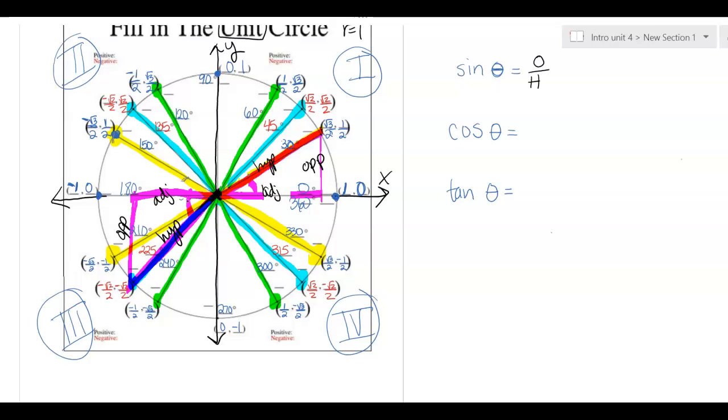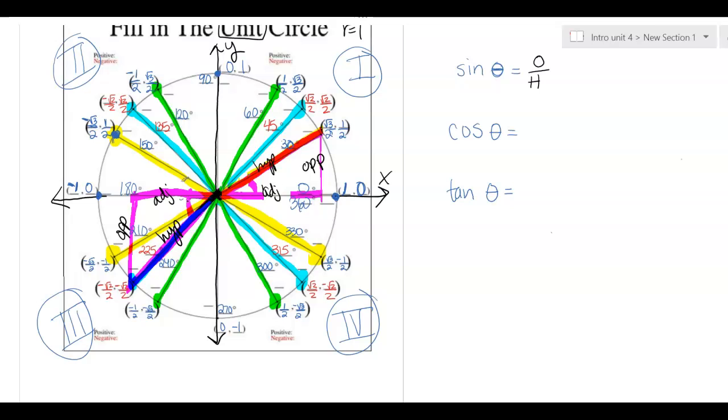Notice that every time the side that I call the opposite is this distance. Even in a triangle down here, the side that I call the opposite is this distance. And you actually figured out this distance already, right? This distance right here on a graph is negative rad 2 over 2. That was the y-coordinate at that point. This distance right here on the graph is 1/2.